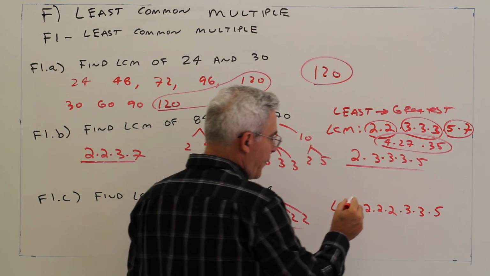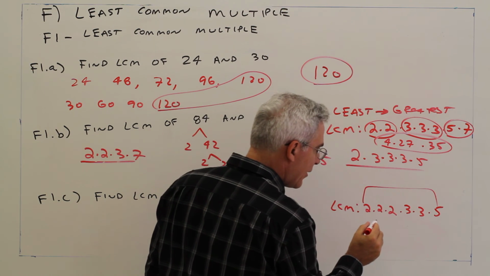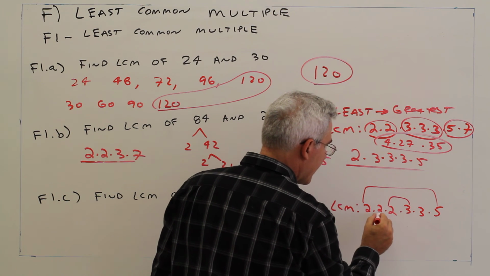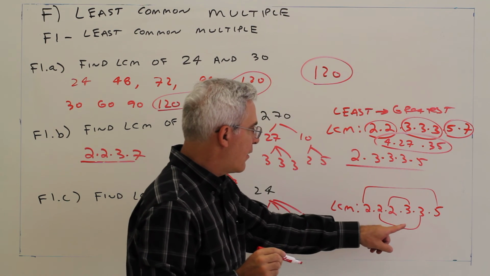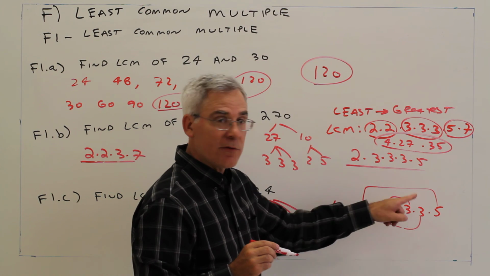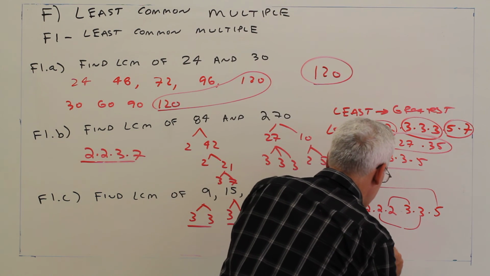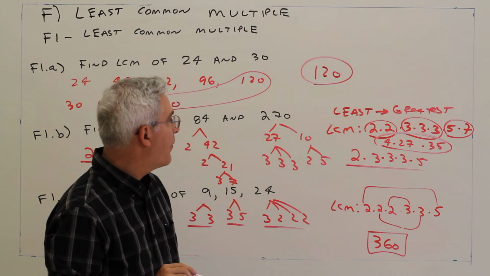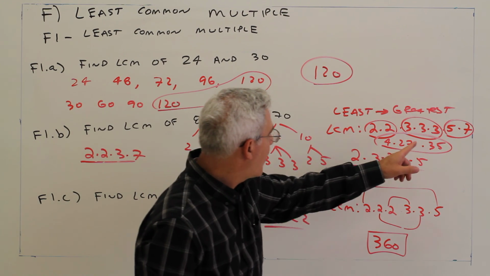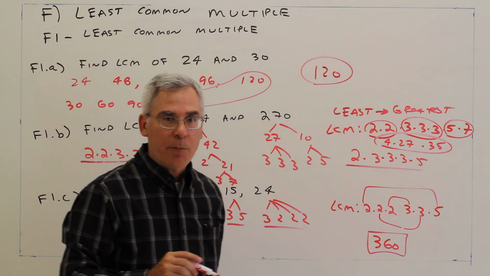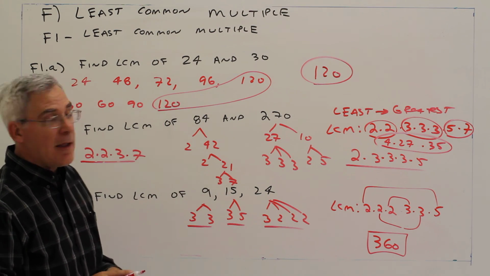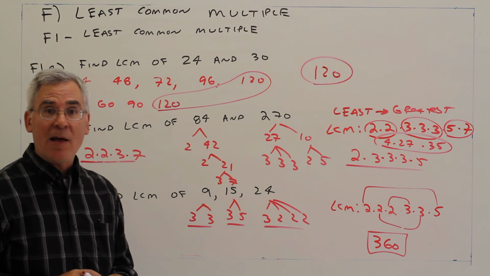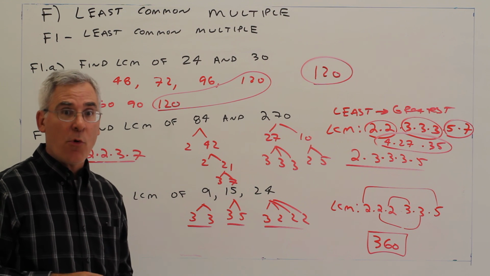All right, so for this one, that's a 10, that's a 6, that's a 6. So 6 times 6 is 36, 36 times 10 is 360. I could have gotten a 10, well, I'll just leave that problem for you. Okay, and there you have it, how to find the least common multiple of 2 or 3 or more numbers.